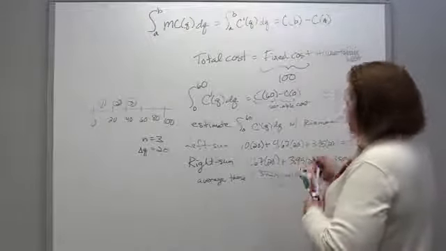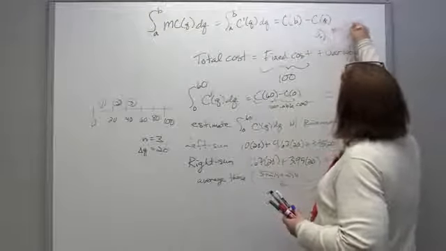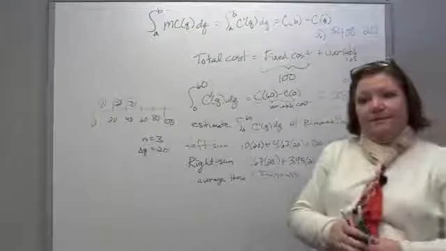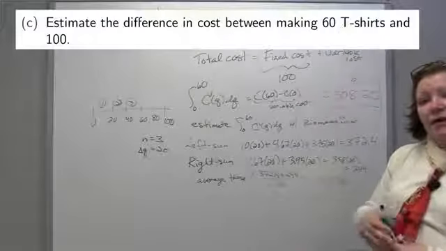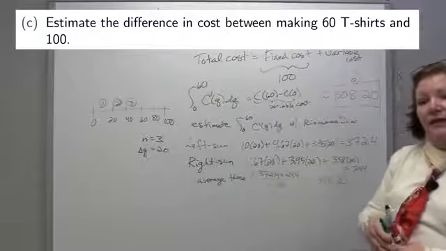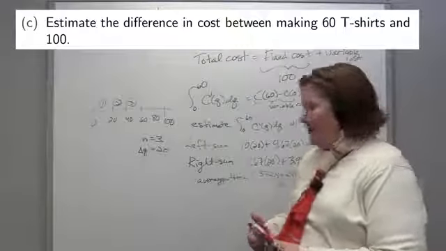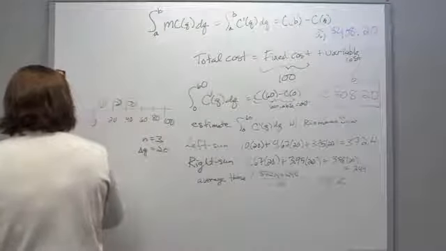So my answer for part A, I'll write this up here, would be $408.20 as the estimate. Now for part C, we're asked what is the difference in cost between making 60 t-shirts and 100.